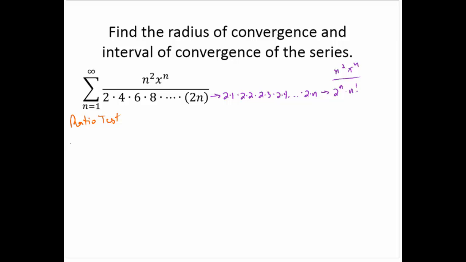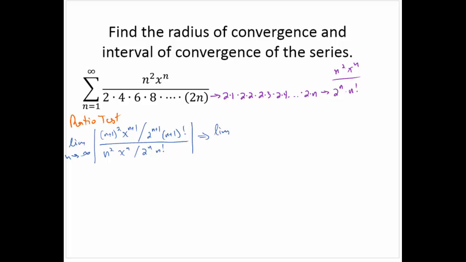So this would give me the limit as n approaches infinity of the absolute value of n plus 1 squared x to the n plus 1 over 2 to the n plus 1 times n plus 1 factorial, over n squared x to the n over 2 to the n times n factorial.